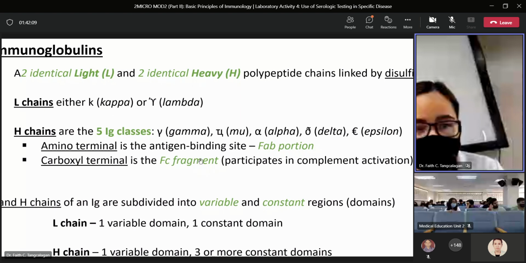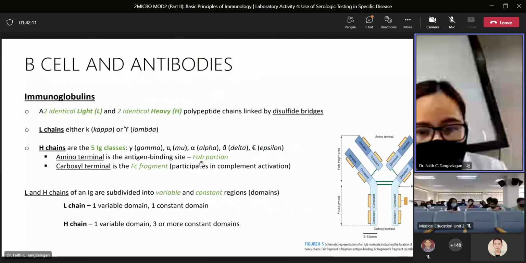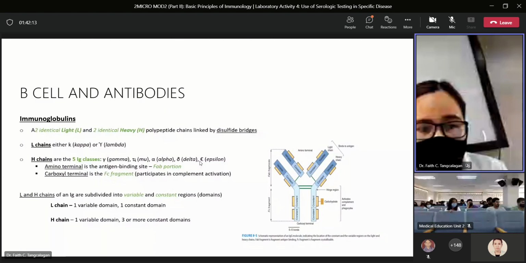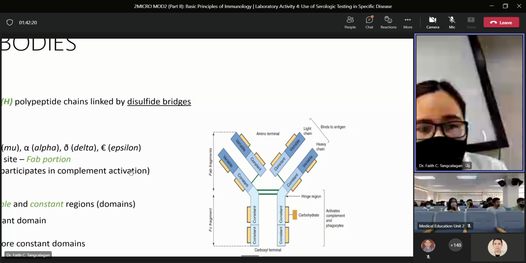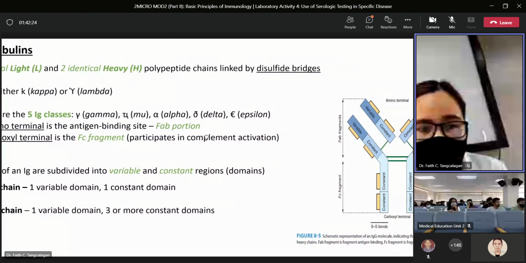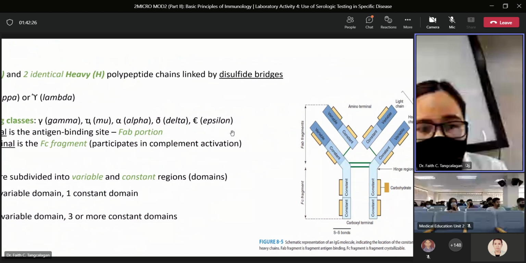For your heavy chains, the amino terminal here is also an antigen binding site. This is the Fab portion, or the Fab fragment, of your immunoglobulin. So the whole of this, the Fab fragments, are your antigen binding sites.